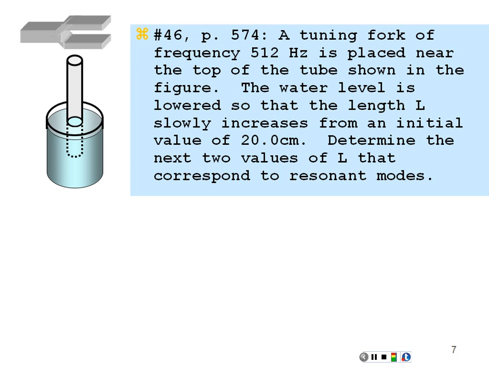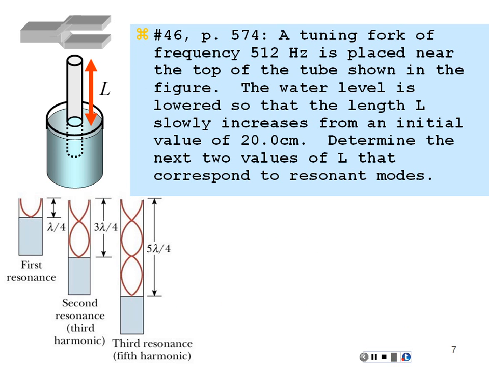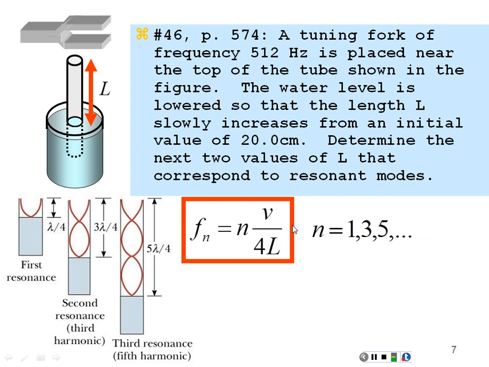Well, if we have 512 Hertz, our frequency should be equal to n times the velocity of sound over 4L for a closed-end, open-end pipe. So our possible locations are going to be a quarter wavelength, 3/4 wavelengths, 5/4 wavelengths. These will be our locations that correspond to resonant standing waves.